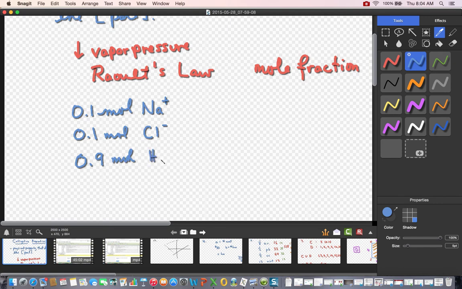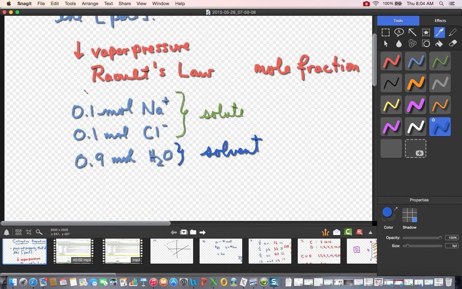Of course, we should have more solvent than we have solute. Remember, the solute is the minority component, whereas the solvent is the majority component.